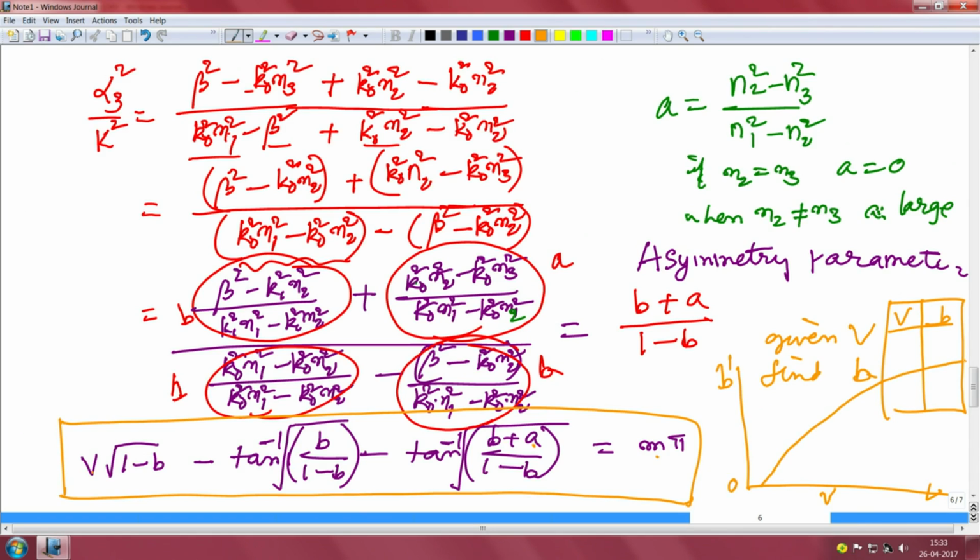So, we can expect a curve that is like this, because b lies between 0 and 1 and gradually it reaches the maximum value, and the next one will start at this point and so on.